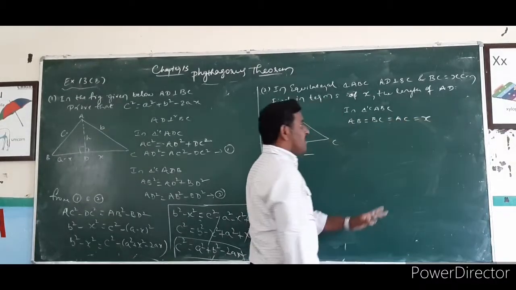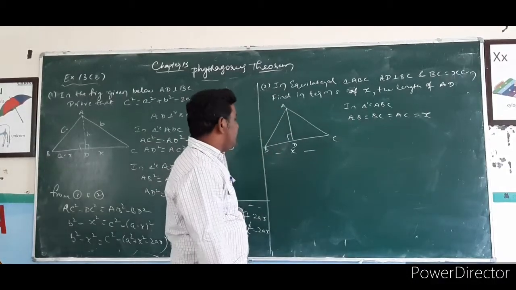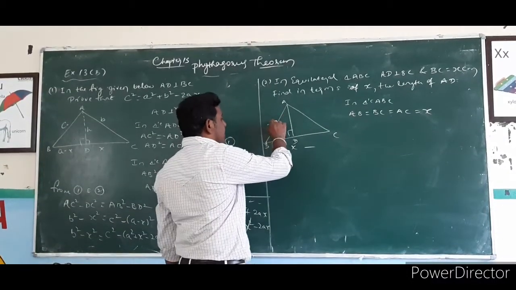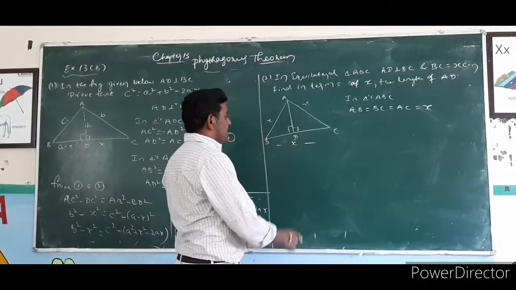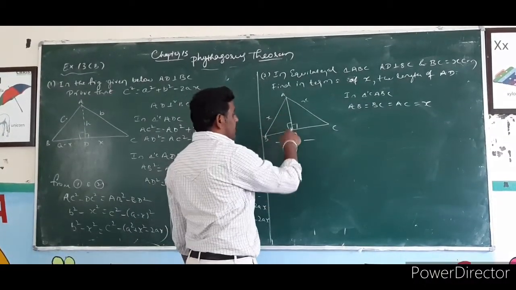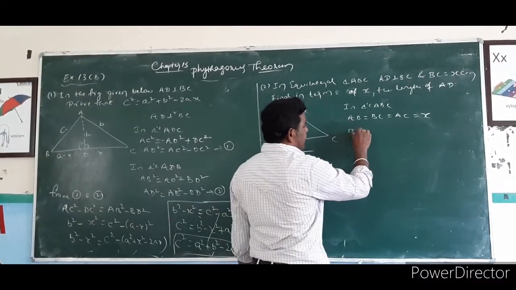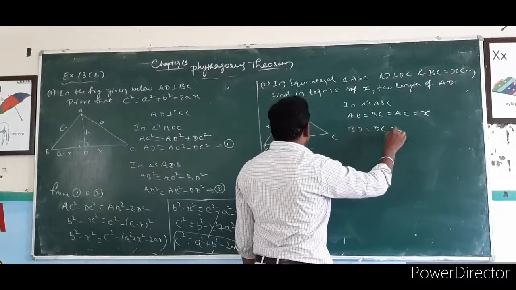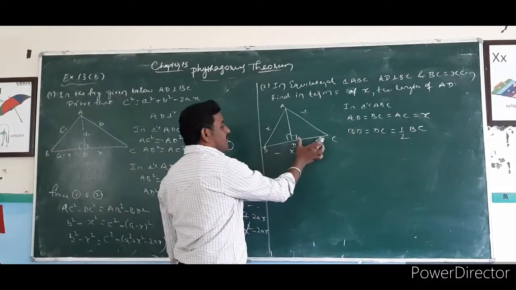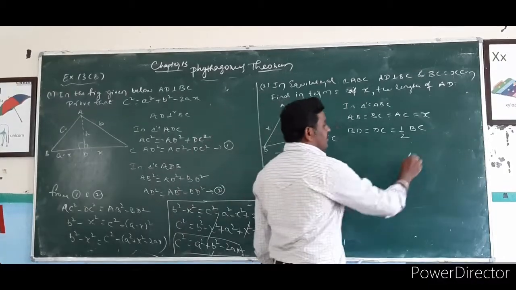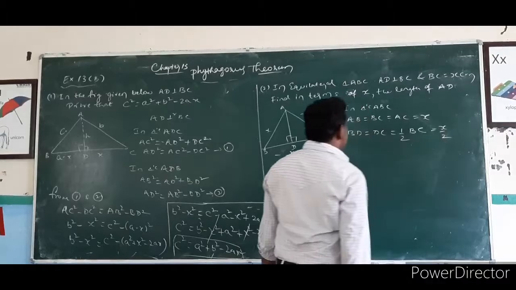All are x, because BC is x, so all are x only. AD perpendicular to BC means BD is equal to DC is equal to half of BC. BC value is x, so that is x by 2.